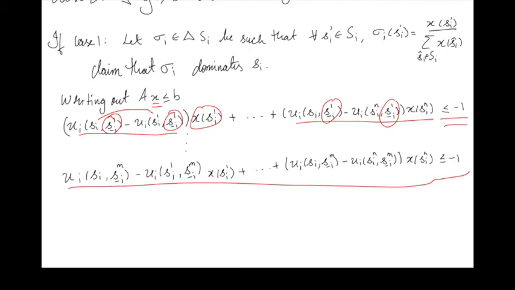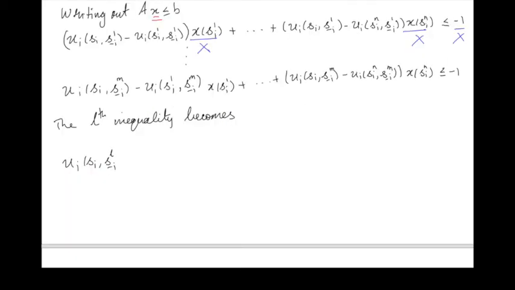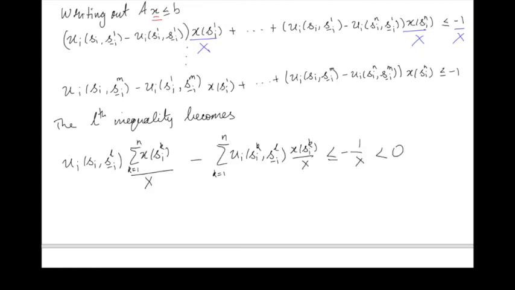What you can do now is just to divide this whole thing by capital X, what we called capital X, which was this thing. You can write out the lth row, or the lth inequality, and it becomes the following. So we can factor out here the ui of Si when everybody else plays the lth strategy profile.